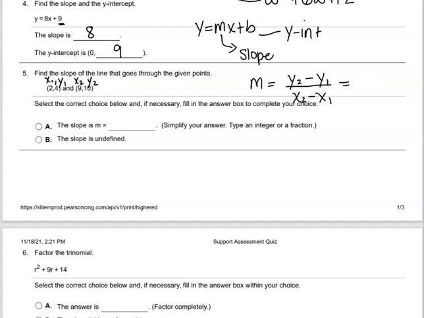And then you would plug it in this formula where the things go. So y2 is 10, so we would say 10 minus y1, which is 4, over x2, which is 9, minus x1, which is 2. So we've just plugged it in the formula, and then 10 minus 4 is 6, 9 minus 2 is 7. If you could reduce that, you would reduce it, but 6/7 is already reduced for us, so we're good to go with that one.